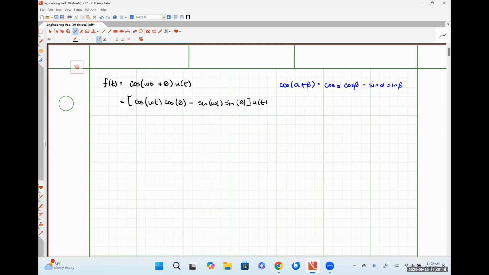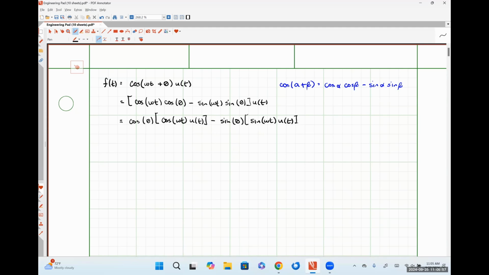Cosine of theta and sine of theta are literally just constants because our phase angle does not change. So let me express it like this: cosine of theta multiplied by cosine omega t multiplied by u of t, minus sine of theta multiplied by sine omega t u of t.